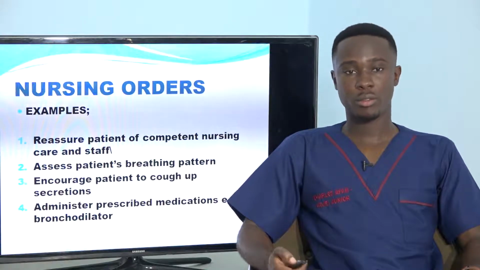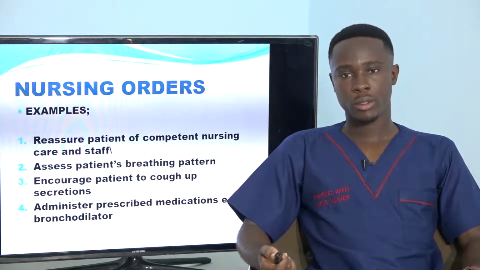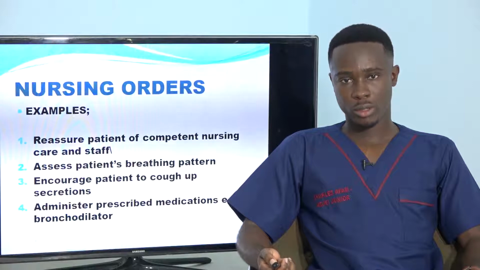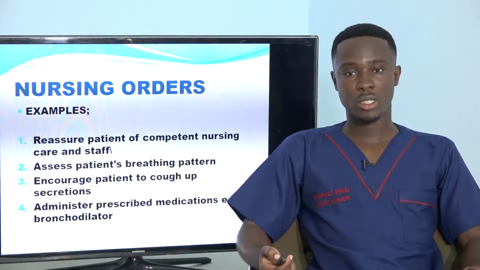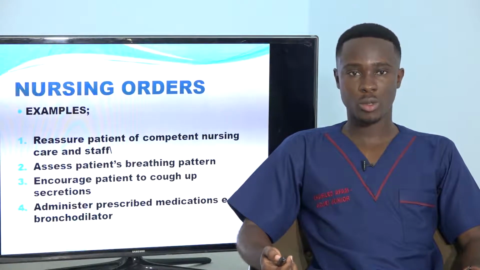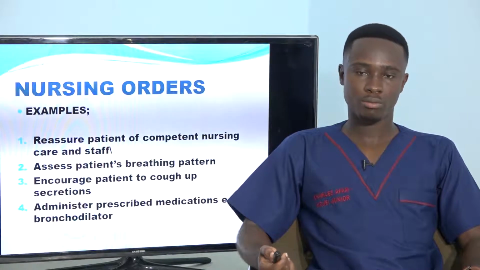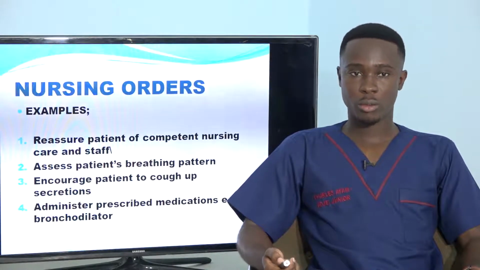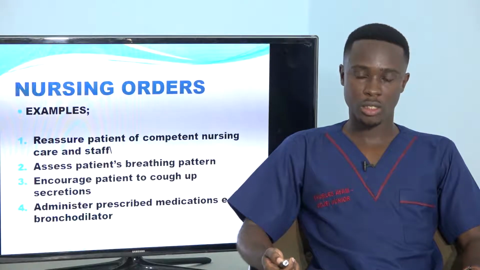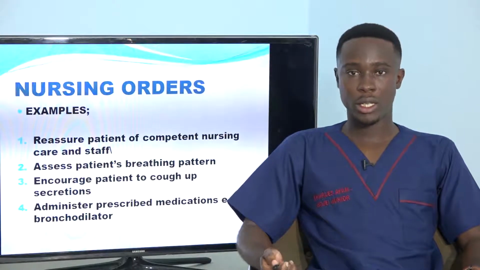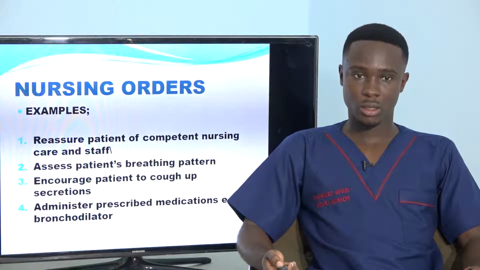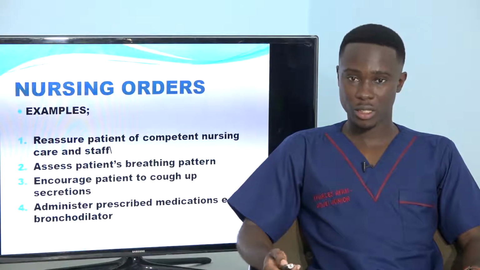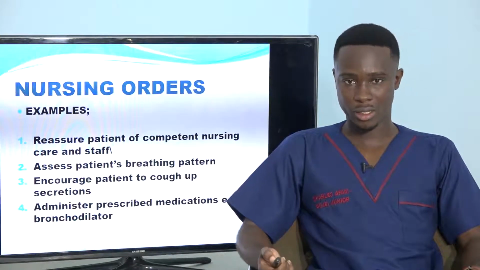You can also give prescribed oxygen. And oxygen is given depending on how the patient is breathing. So oxygen is graded from 0 to 15. You can give from 0 to 15 liters, and every oxygen flow rate has its delivery device.